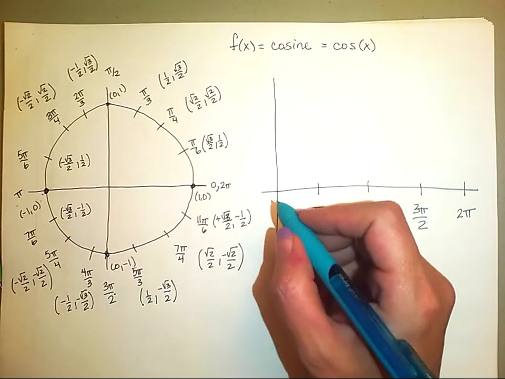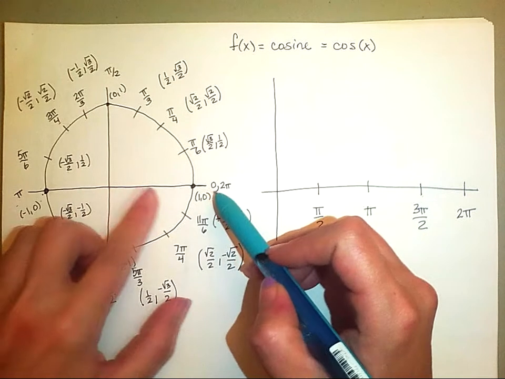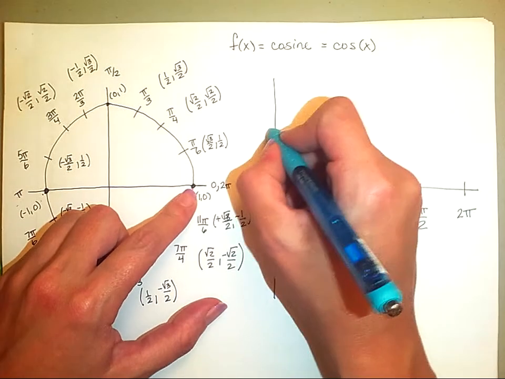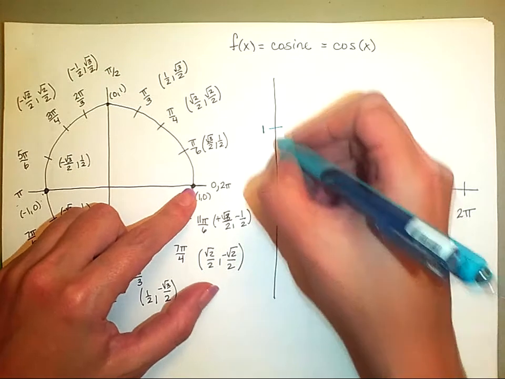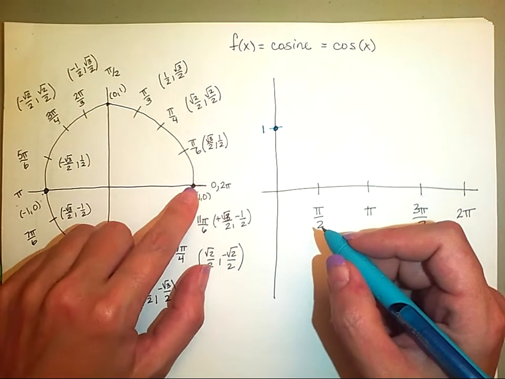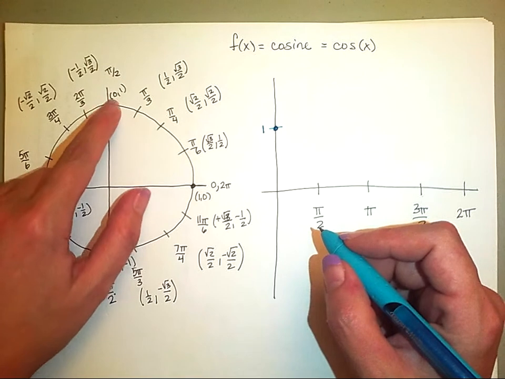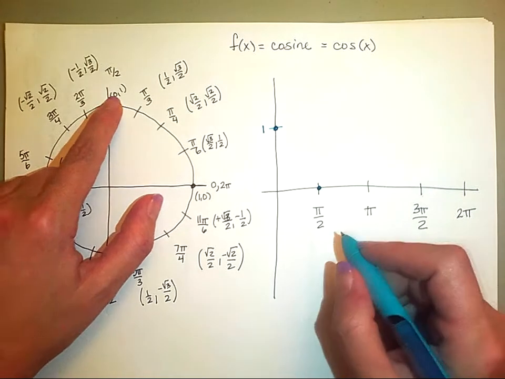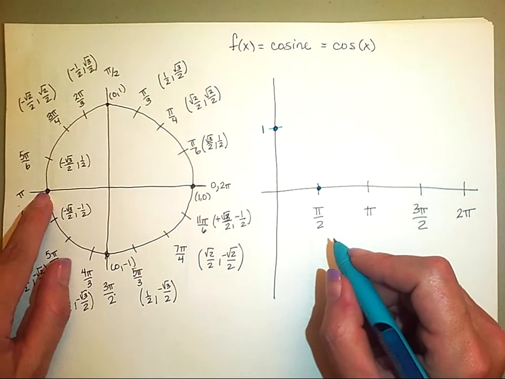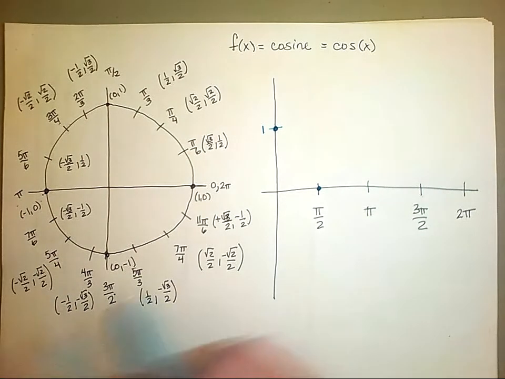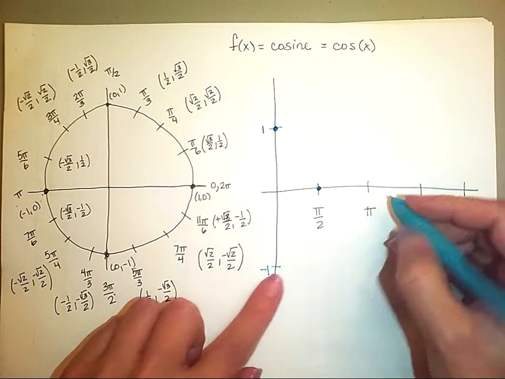When the angle is 0, our x value here is 1. By the time we get to pi over 2, the cosine value is 0. When we get to pi, the cosine value is negative 1, so we'll put that down here, negative 1.